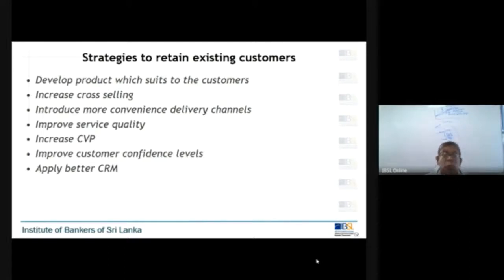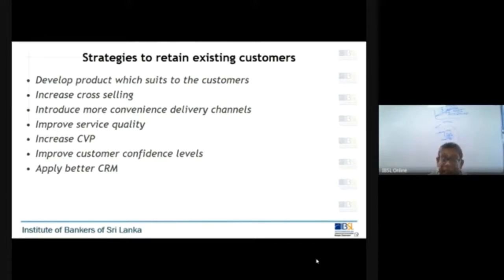And also you need to improve your customer confidence level. That is important. So even though the interest rate may be lower, customers know this bank is very confident and nothing will happen. This may be due to good corporate governance, government protections, and so on.